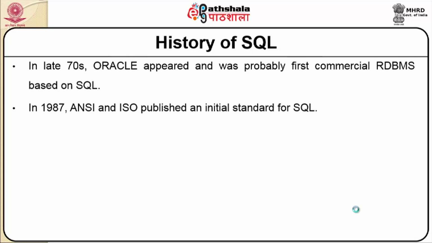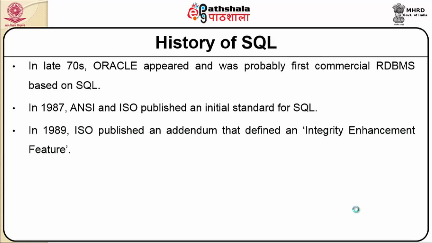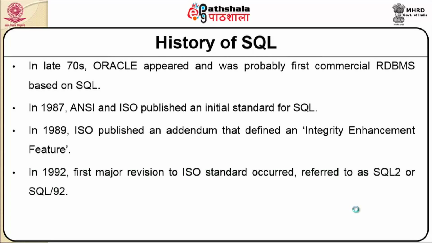In 1987, ANSI and ISO published an initial standard for SQL. In 1989, ISO published an addendum that defined an integrity enhancement feature, which would basically check the validity of the language.